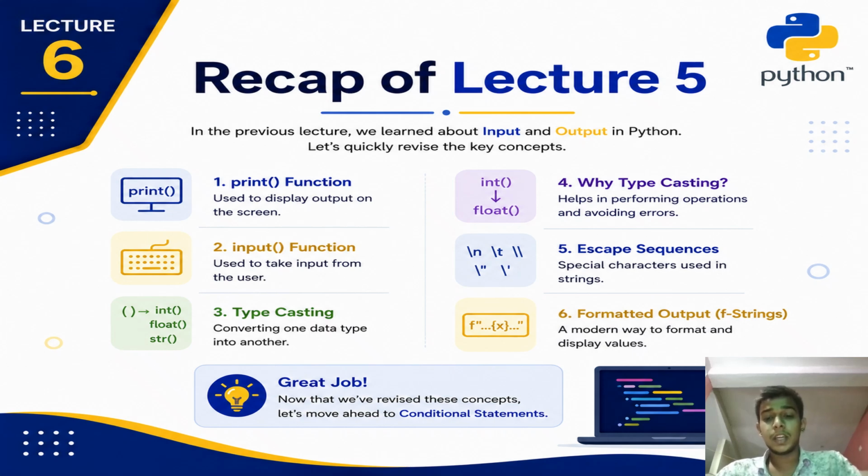Using f-strings, we can easily insert variables or expressions inside a string by writing them inside curly braces. This makes our code cleaner, easier to read, and more professional. So these were the key concepts from our previous lecture. Now that we have refreshed our memory, let's move on to today's topic and learn how Python can make decisions using conditional statements: if, else, elif.